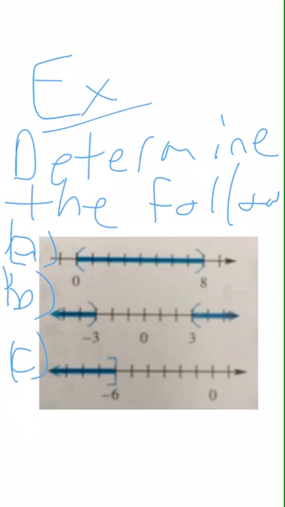Alright, so for this example, I want you to determine the following. I have 3 different problems for you, A, B, and C. For part A, you notice that's between 0 and 8. It contains numbers greater than 0, and since it's a parenthesis, it's strictly greater than.